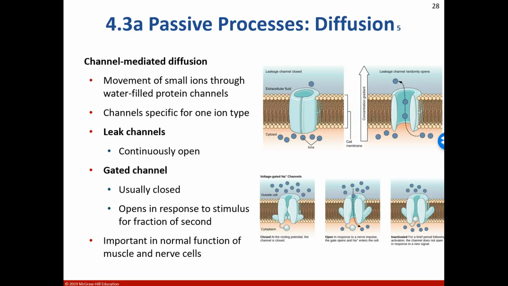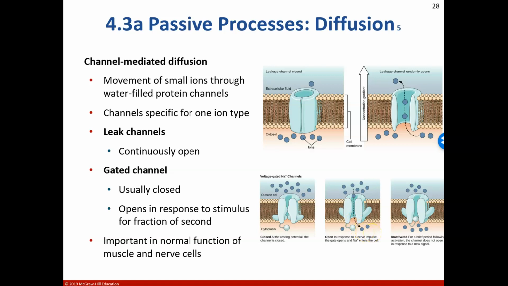With the voltage-gated sodium channels, our cell needs to reach a certain voltage before the channel is going to open. Once that voltage is reached, the sodium ions are able to move through from high to low concentration.